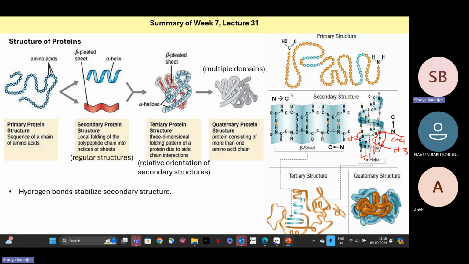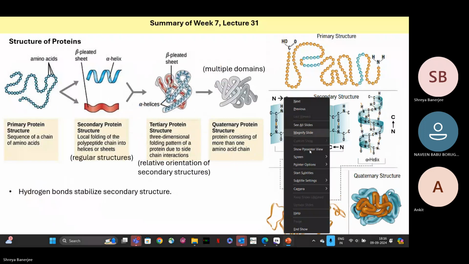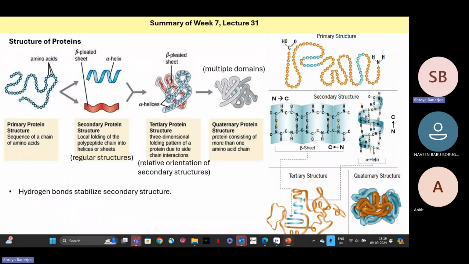So the hydrogen bond formed between the CO and NH is between the I+4 residue's CO and the I residue's NH.